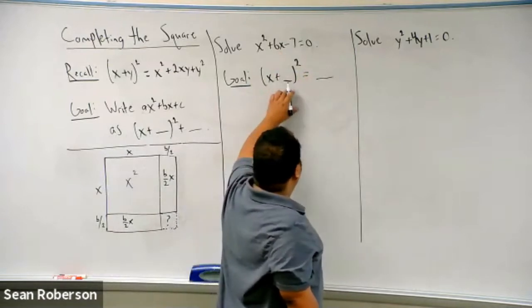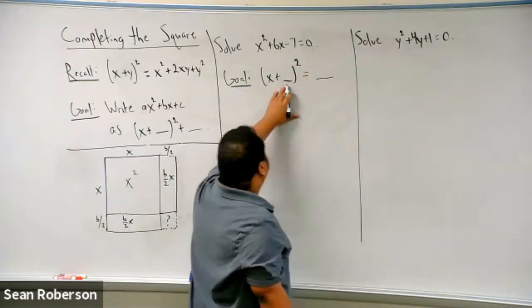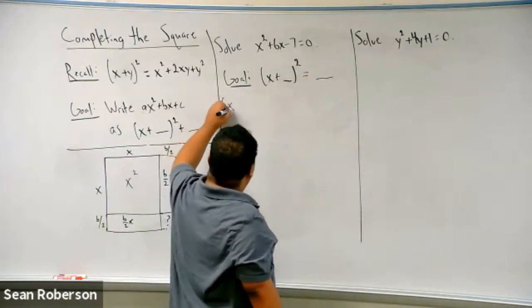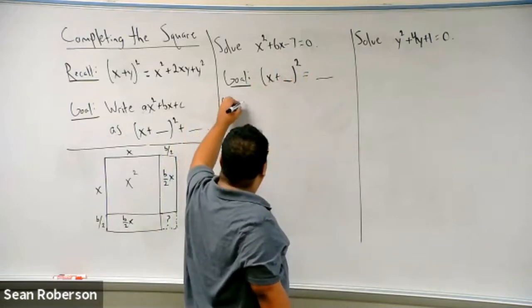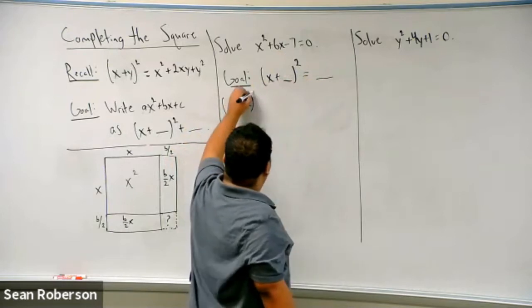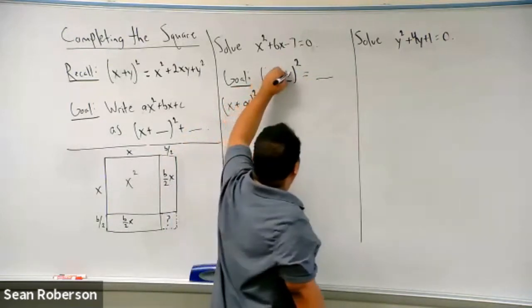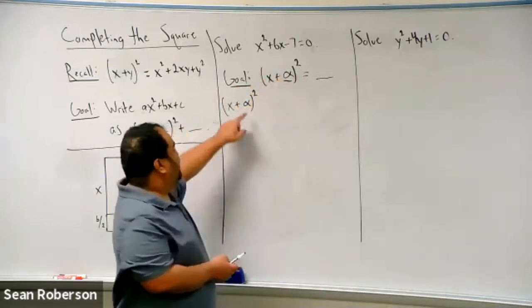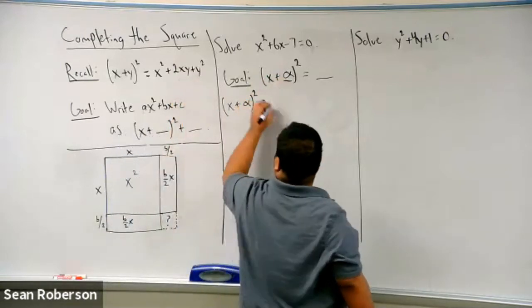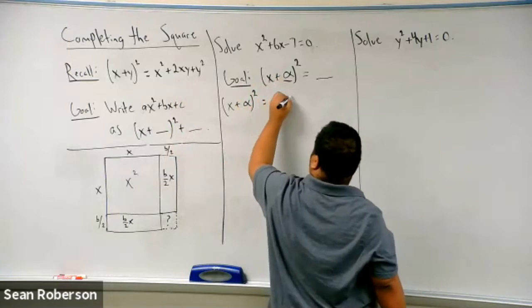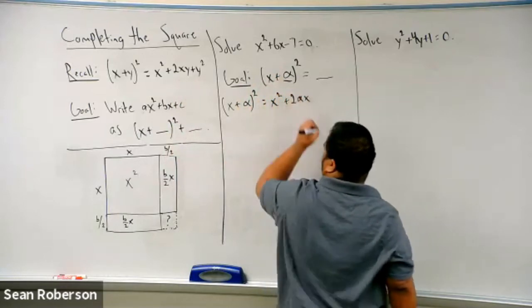Well, we need to figure out how to fill in the blank here. If I think about expanding this, remember that x plus, and I'll call our mystery number alpha, if I expand this using our product here, we'll have x squared plus 2 times alpha times x.